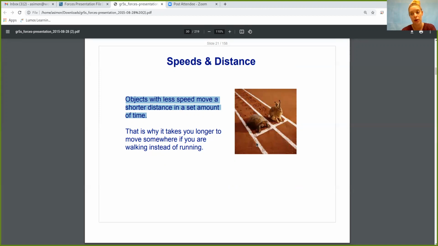Don't go tell your younger siblings that the hare is better. Just know that in science, the hare is going to win because it's going at a greater speed. So, objects with more speed are going to move a farther distance, and objects with less speed are going to move a shorter distance.